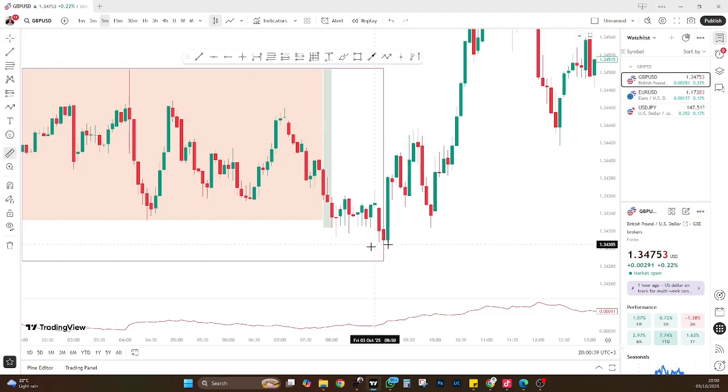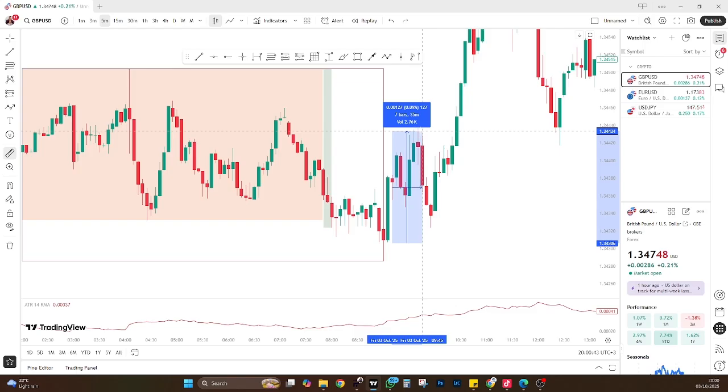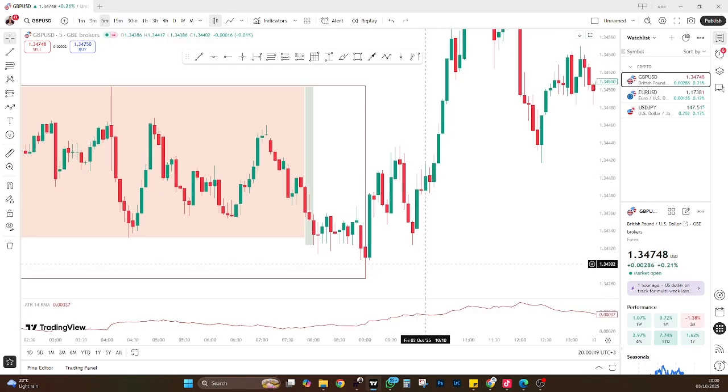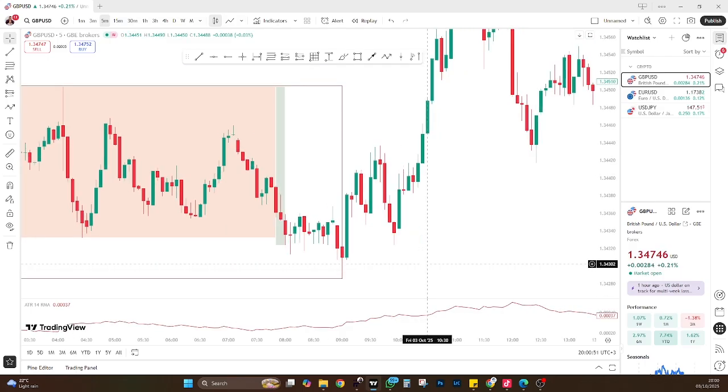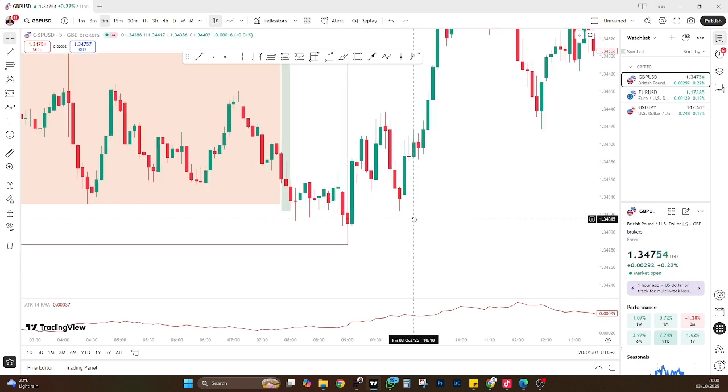There are crazy people like me who usually get this move. You see this one? That is like 11 pips. But don't do that. You will blow your account. So don't enter here. Wait for the market to go, and then it will come back to an order block.